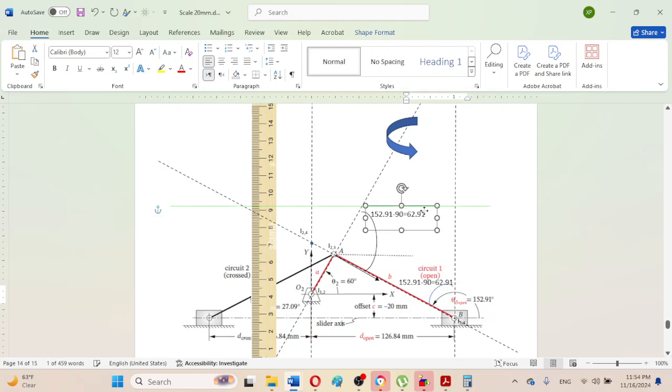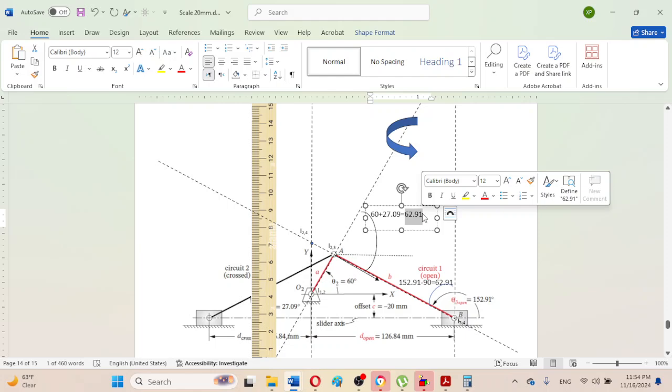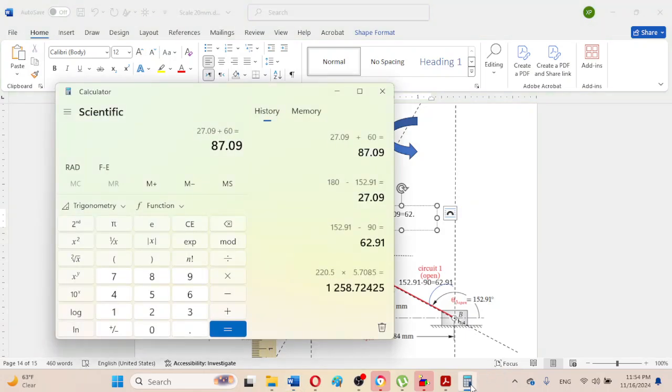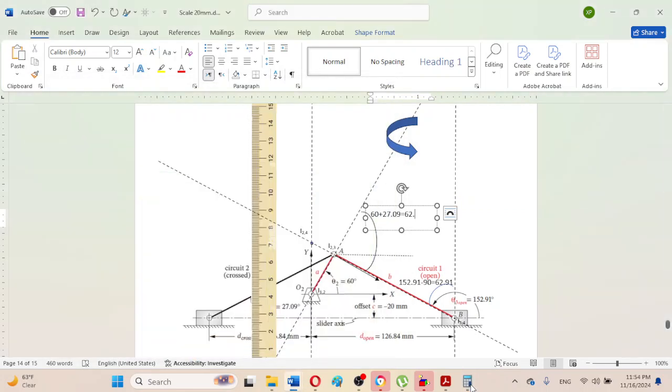This angle is actually equal to 60 plus 27.09, which is equal to 87.09 degrees.